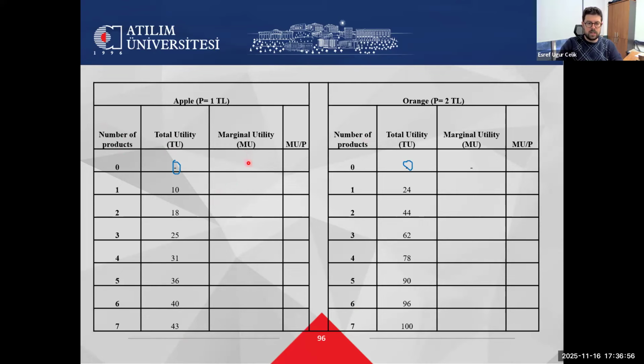Then the third column asks the marginal utility. The fourth one is marginal utility divided by price, for the price 1 and for the price 2. Marginal means additional.